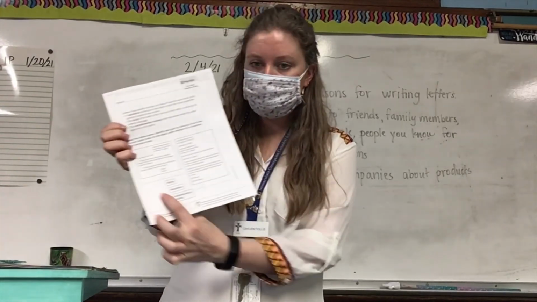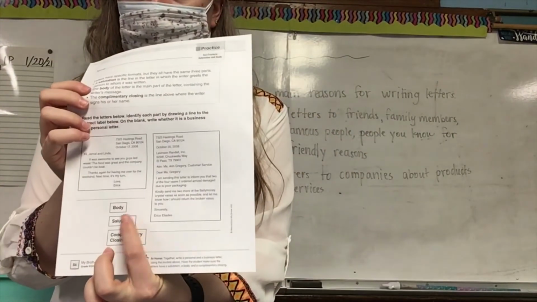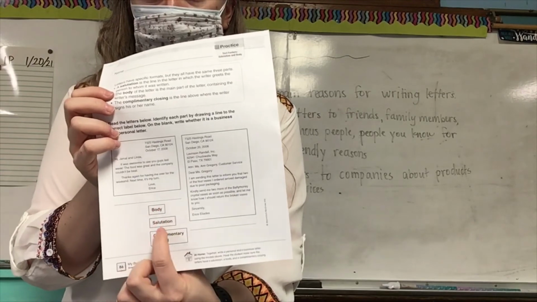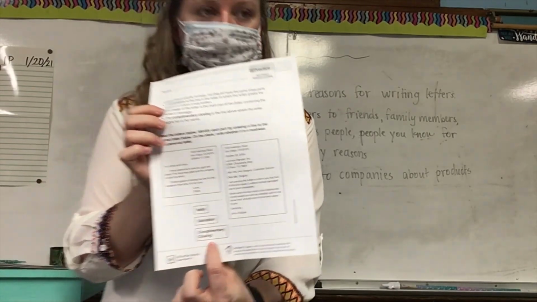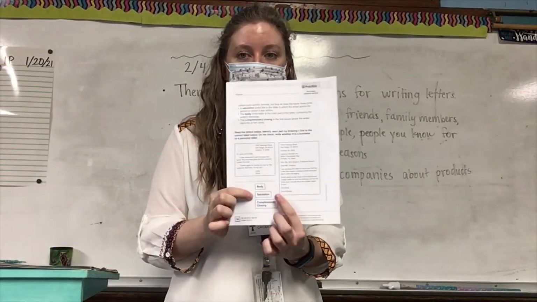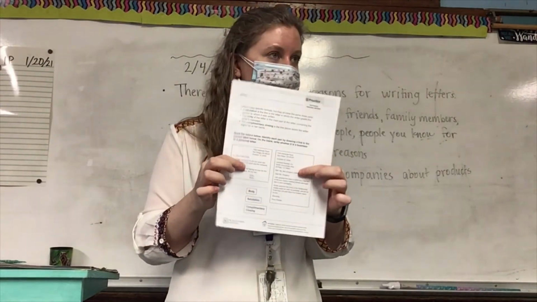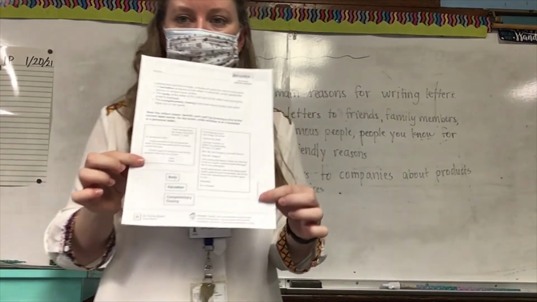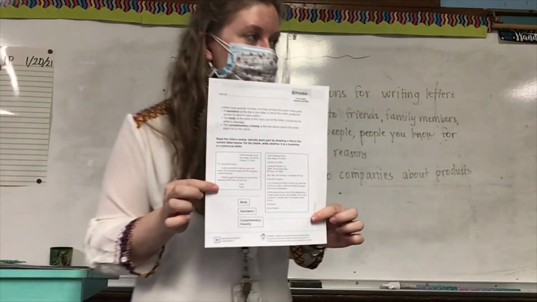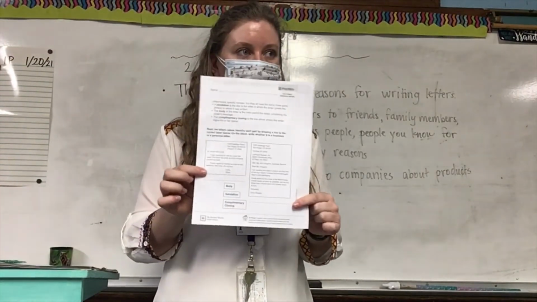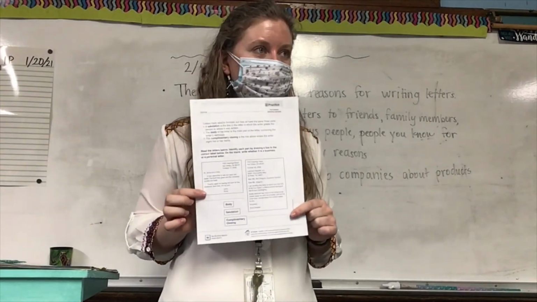So the first part, you have the three pieces of a letter. The body, the salutation, and the complimentary closing. You draw a line from those boxes to the part it matches on both letters. Then on the line underneath each letter, you say, is it a business letter or is it a personal letter? Any questions about that side?